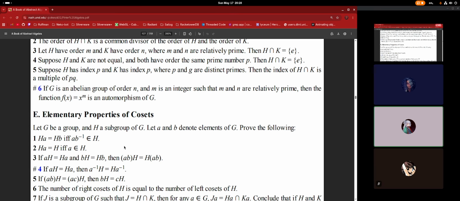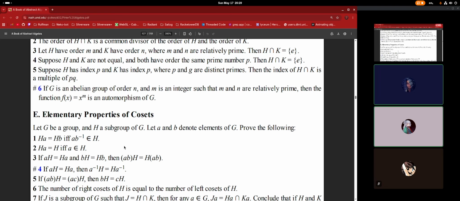Well, actually, there's a very straightforward way to prove this, just using the fact that you have A B inverse on the right. If A B inverse is in H, then A is clearly in HB, because A B inverse times B is just equal to A. So if you multiply that by B, you just get A at that point.